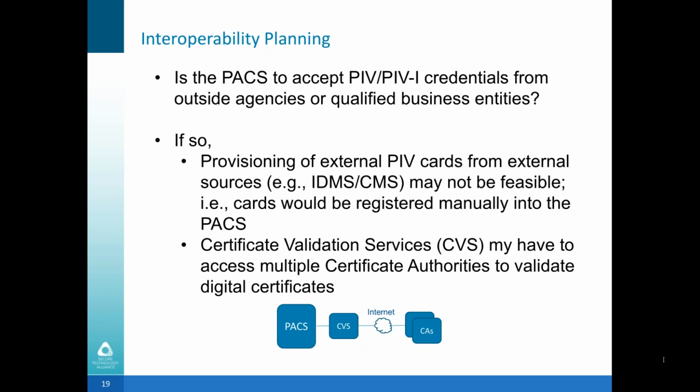And as hopefully everybody knows, we have different PIV credential issuers within GSA, DHS, HHS, and EPA, as an example. So there are a lot of variables in where PIV cards can come from. Next slide, please.